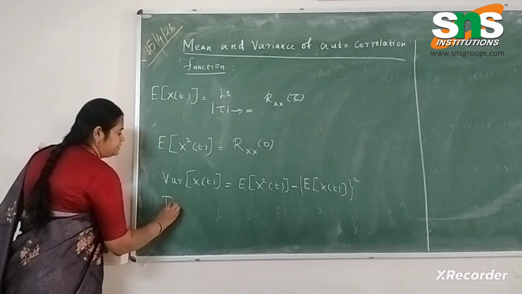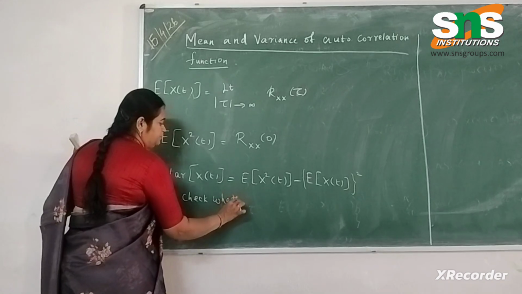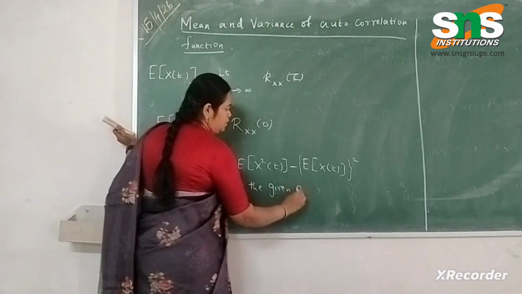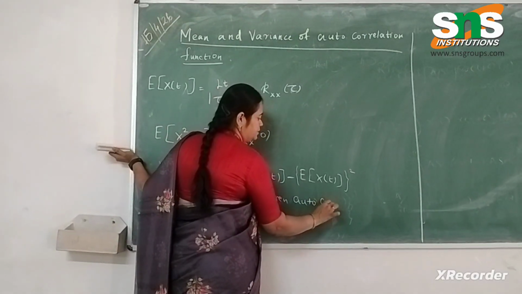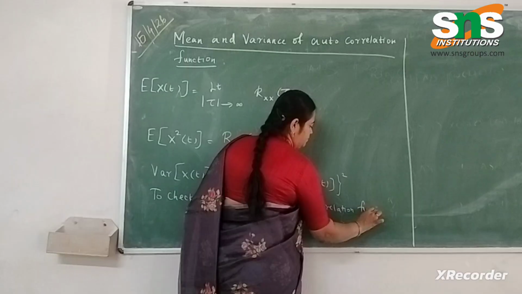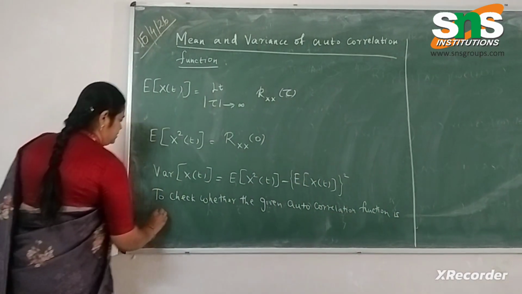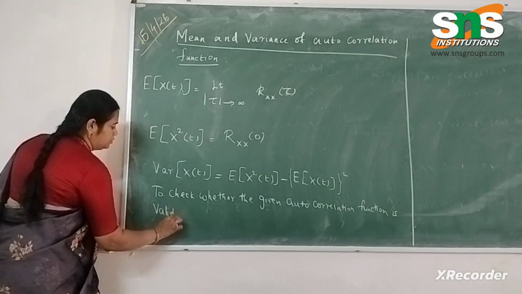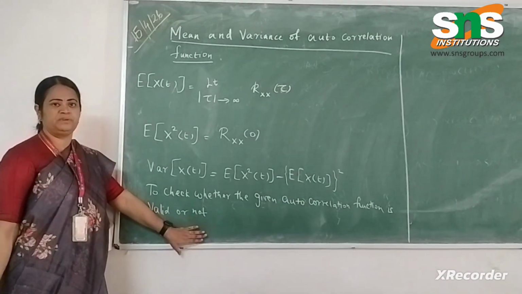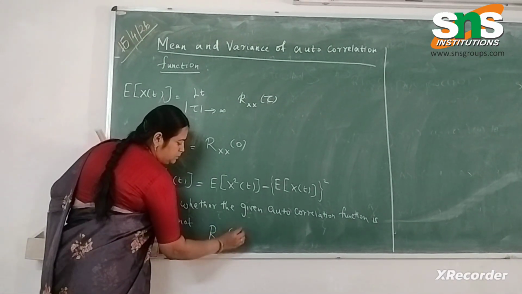Next, to check whether the given autocorrelation function is valid or not, simply put tau equal to minus tau.